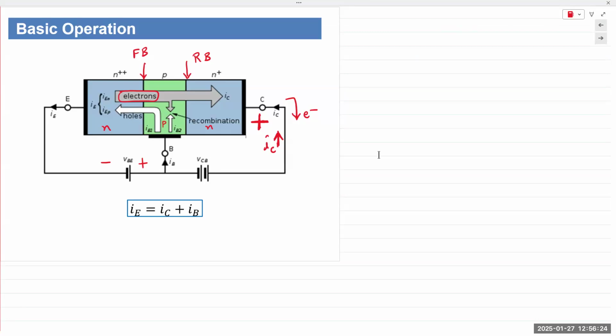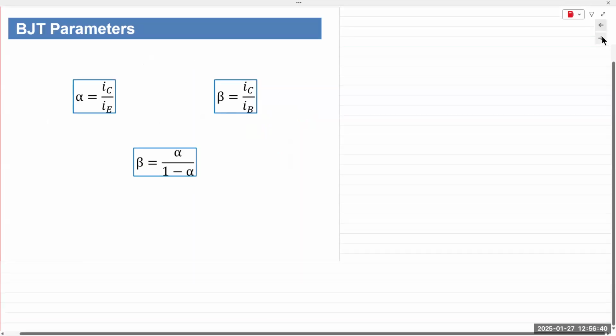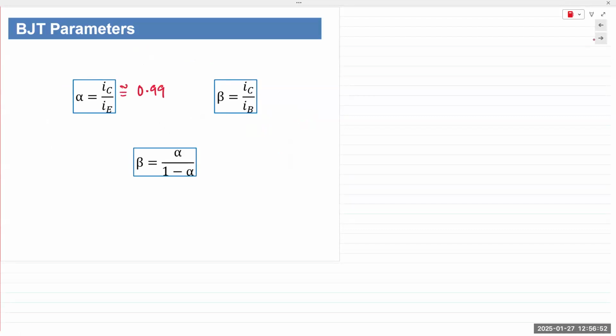But because the base current is very, very small, the collector current is very close in value to the emitter current. So the ratio of the collector current to the emitter current is alpha, and it's typically 0.99 something, because the base current is very small.